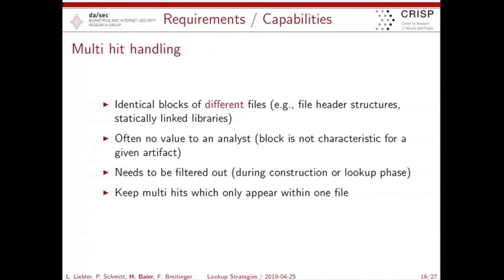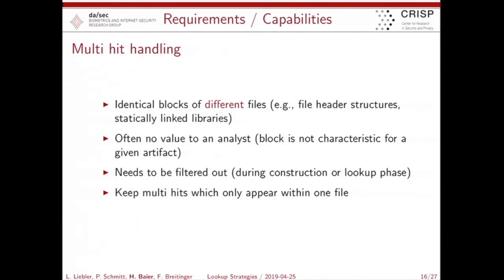I will show you only a very short part of what we did in the requirements and capability section. What is important in our perception is that you actually have discriminative blocks. Or to put it the other way, a multi-hit is a block which appears frequently in different files, for instance parts of the file header.